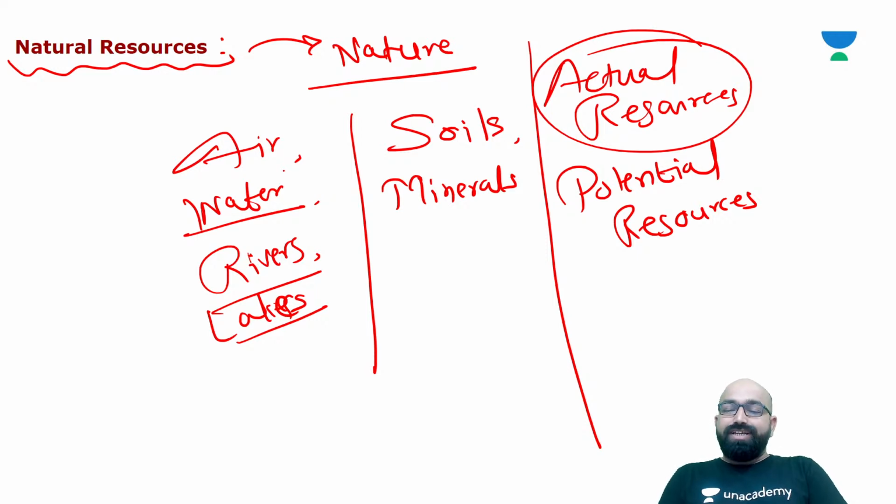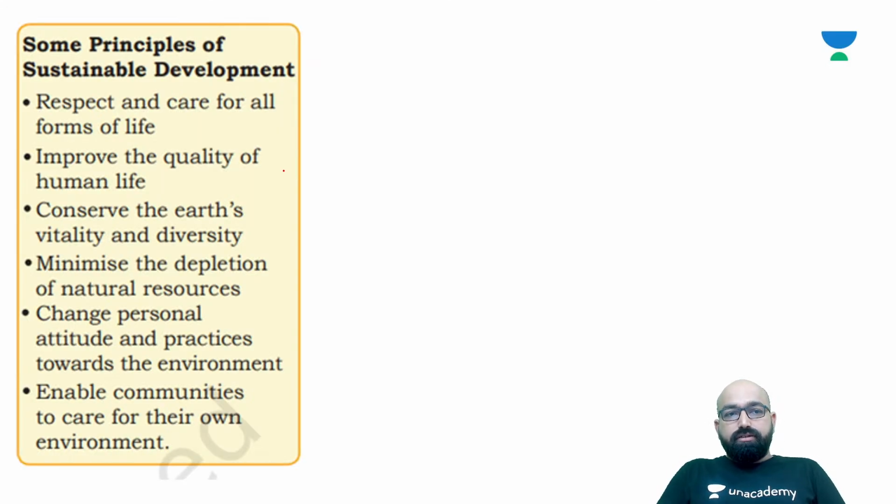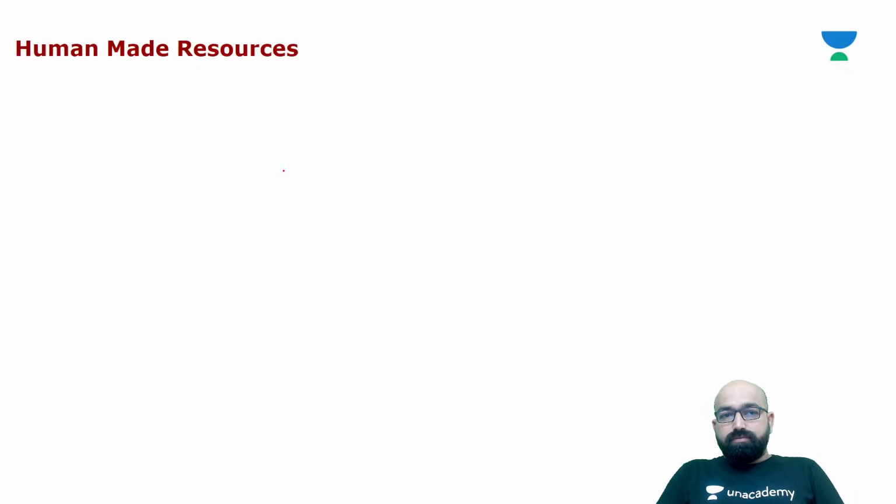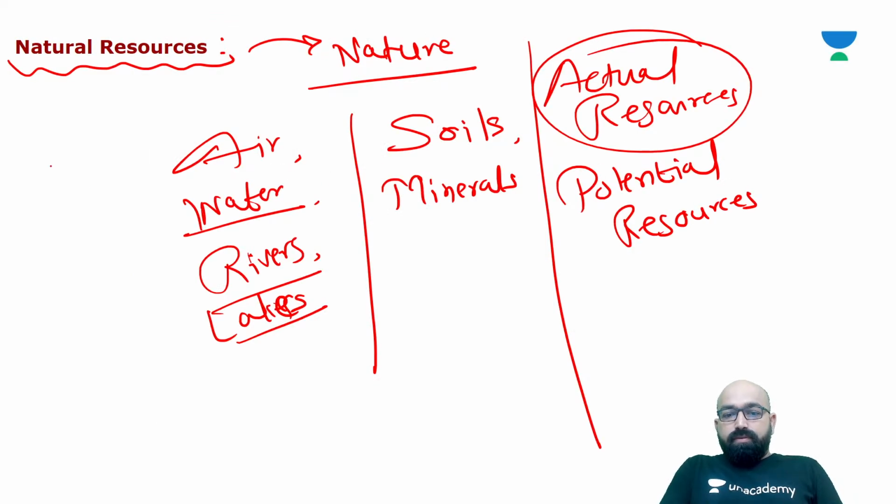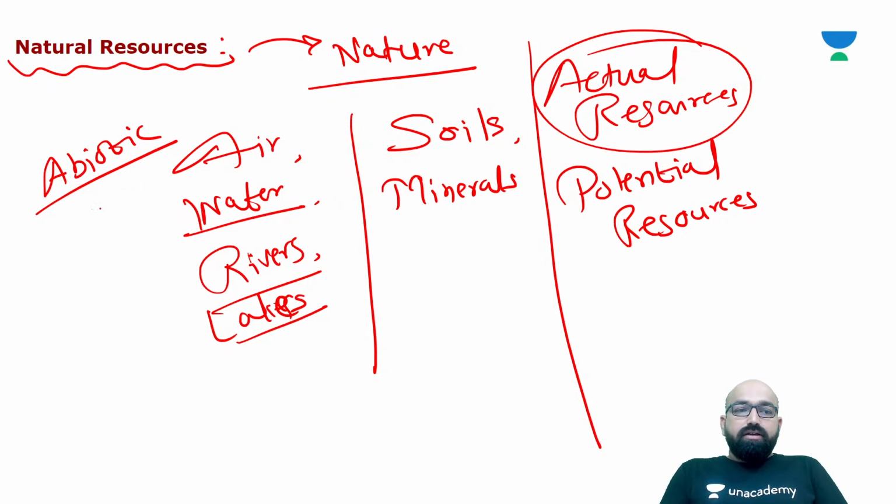So basically, abiotic resources are non-living, while biotic resources are living.